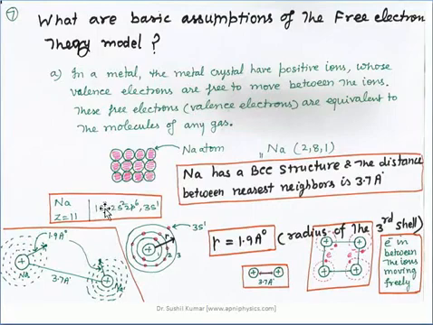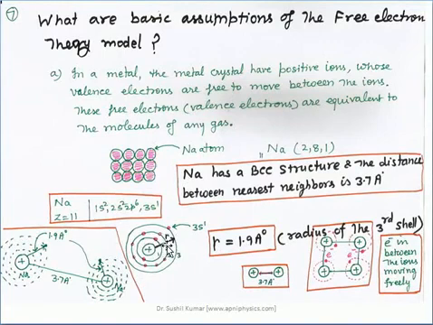If I write the electronic configuration of the sodium atom, that is 1s2, 2s2, 2p6, 3s1, as you have seen earlier. These electrons are distributed into the shells like this: 2, 8 and 1. This is the first shell, second shell and the third shell.